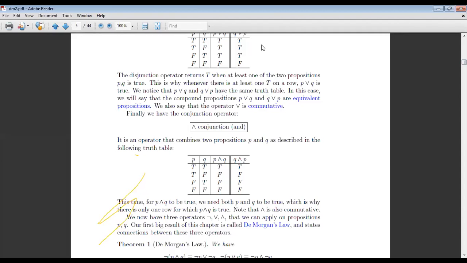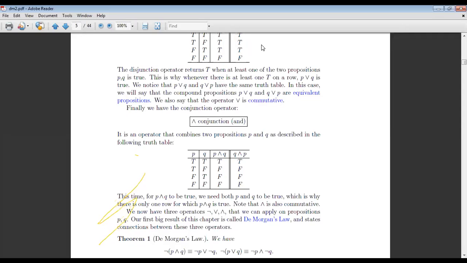Listen to one thing. Because today is the first class, it's okay, but in this class generally you have to keep a simple copy or notebook, because whatever I am doing here, you have to do it there also. Next we will continue with the truth values of other propositions. And theorem 2, you have to prove it.